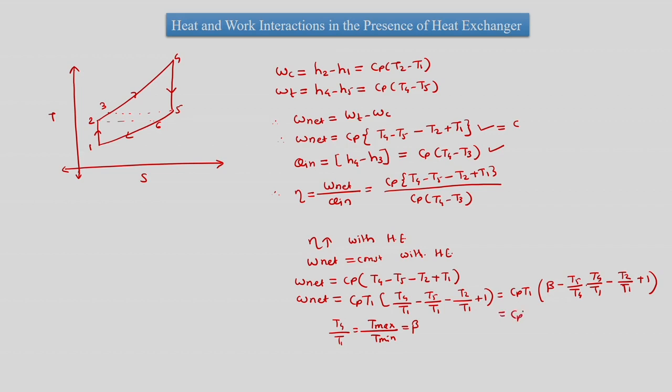So this can be again written as beta (T4 by T1), T5 by T4 over here is 1 upon beta, and then this T4 by T1.